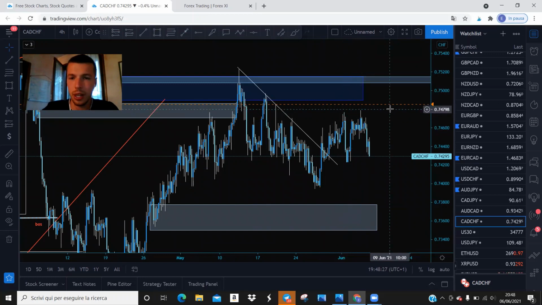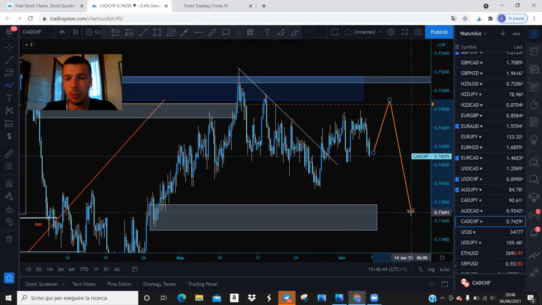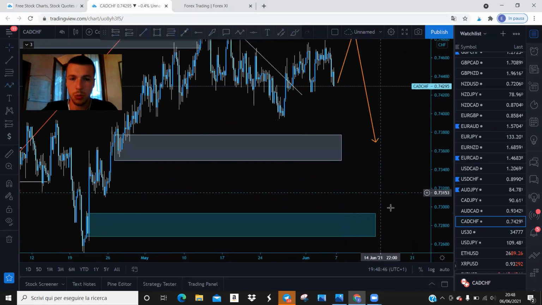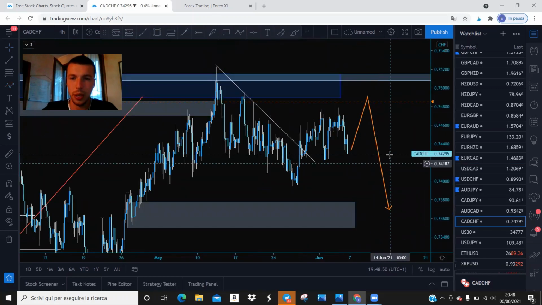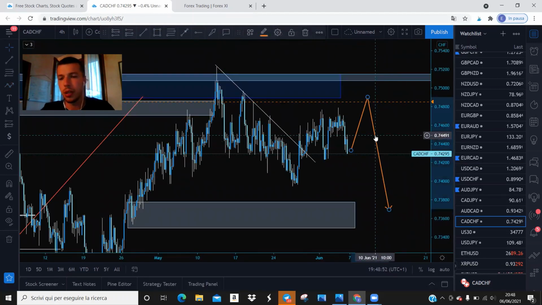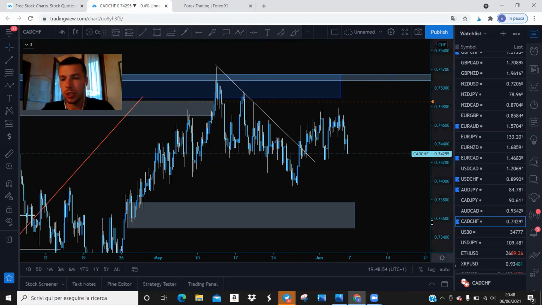I believe there is still a lot of liquidity to be taken above this double top. So I will need to see a nice grab of liquidity above the double top, finally reaching my key area, and then a nice push. And trust me, the push might be very, very big below all of these levels, creating some new lows. So CAD/CHF on my watch list too.